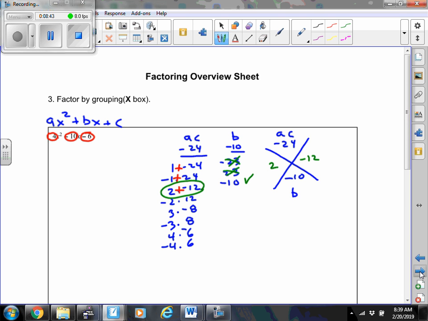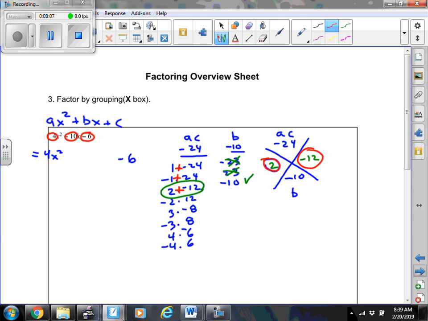What we're going to do is write this is equal to, and we're going to write the 4x squared, and we're going to write the c because we don't want to change those. See that negative 10? It's a combination of the 2, let's put that in red, 2 and the negative 12.